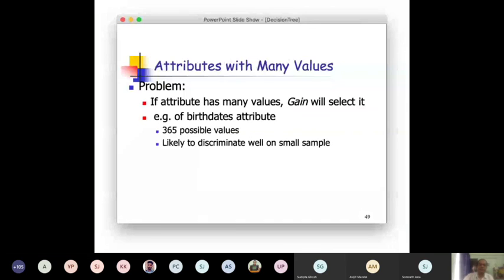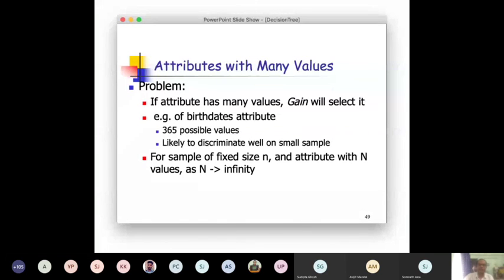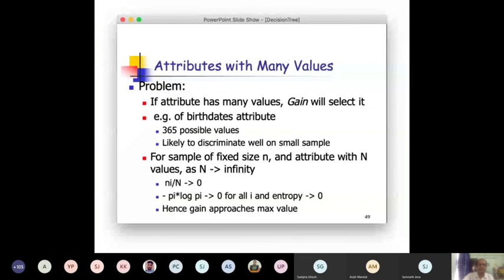Say the birth date attribute, where you have 365 values. If you have a very large number of values, as you see, ni by n is going to be close to 0, so your gain approaches the maximum value.